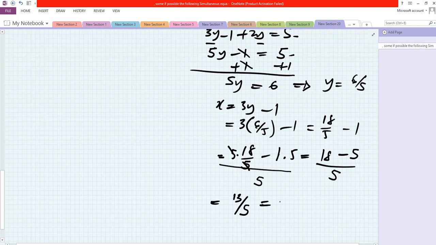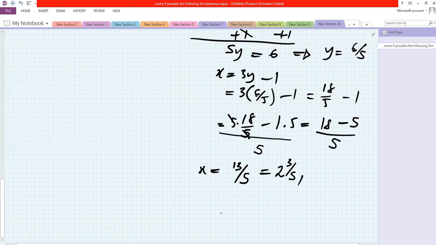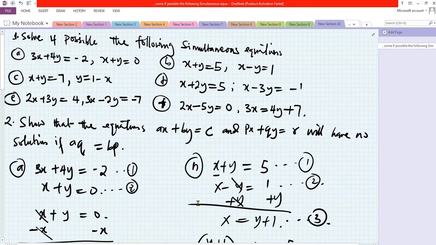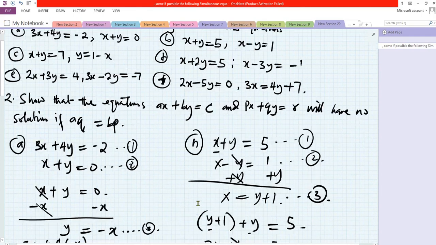So this is the same thing as saying 2 whole number 3 over 5 for x. So the coordinate at which the 2 lines meet is 2 whole number 3 over 5, comma 1 whole number 1 over 5. This is for D.